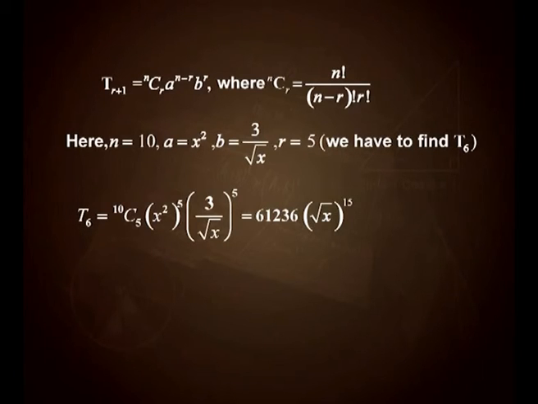Little bit of work in terms of simplification of course is required. You can expand 10C5 using 10 factorial by 5 factorial into 5 factorial, and when you simplify the powers of x together and the constants, you would end up with the final answer. In this case, it is same as 61,236 times root of x raised to the power 15.